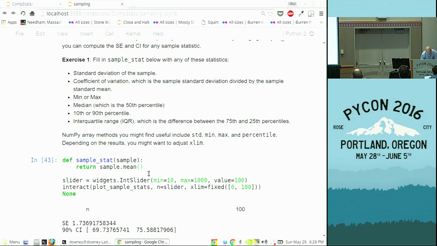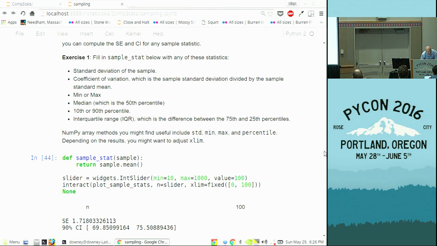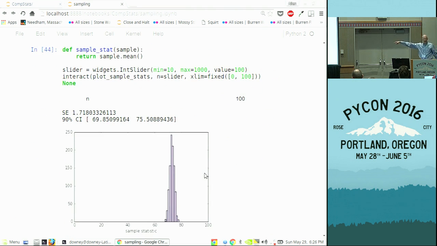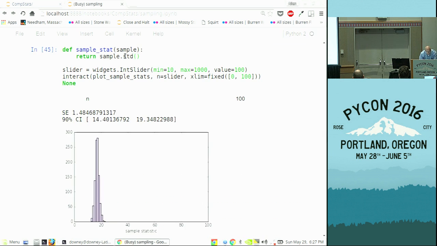So this one computes the sample mean, and that is the sampling distribution of the mean. If I run this experiment over and over, that's how much it's going to vary. If I replace the mean with the standard deviation, it's typically around 17, and it varies between about 14 and 19.